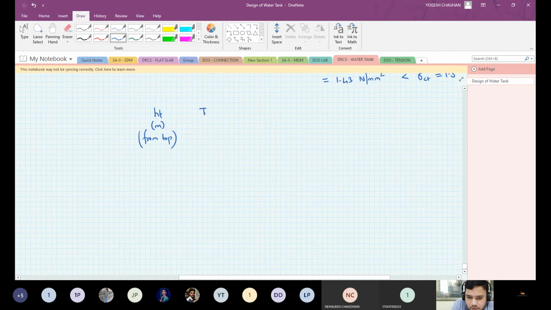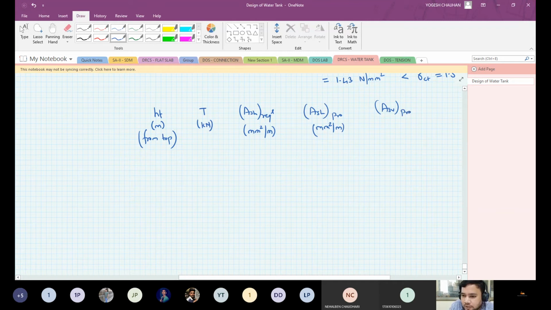Then what is the tension at that level in kilonewton, and what is the hoop steel required at that level in square mm per meter. Then the ASH provided in square mm per meter, and the vertical steel ASV provided.